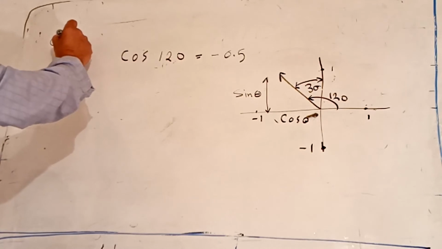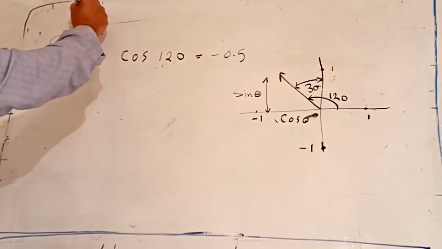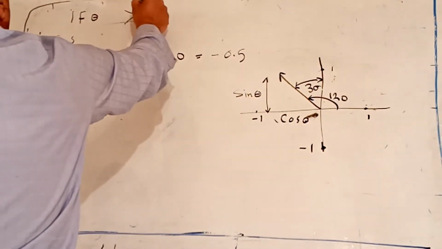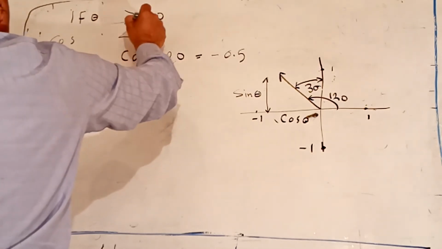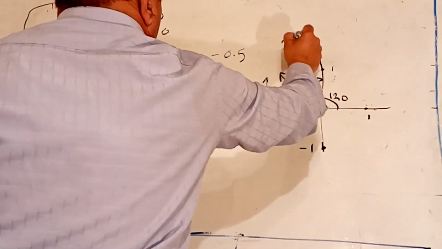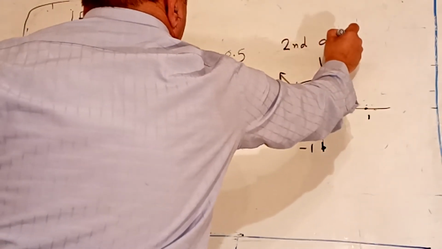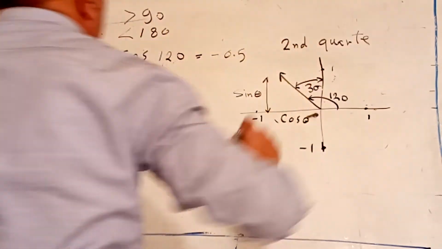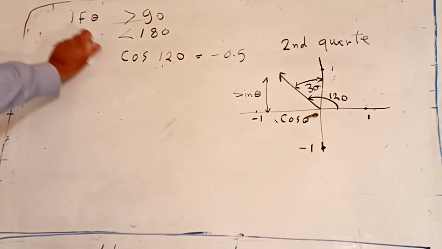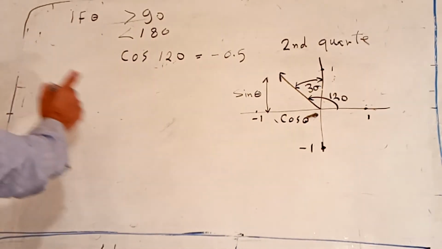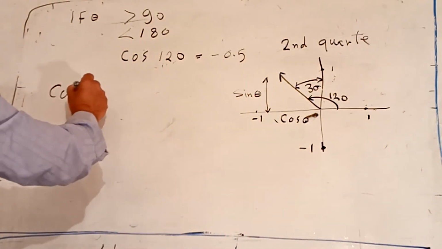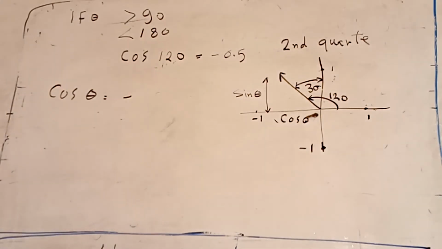If theta is bigger than 90 and less than 180, this is the second quarter. It will be on the negative x-axis, so cosine theta is negative. Alright, we understood this.